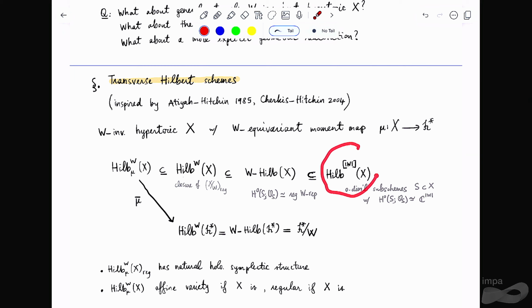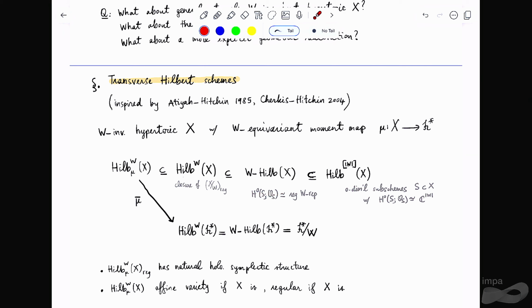Because we have a W action, there's a natural subvariety of these, which is the one where W acts on this vector space, and the action is the one given by the regular representation of W. So this gives you some W-Hilbert scheme.